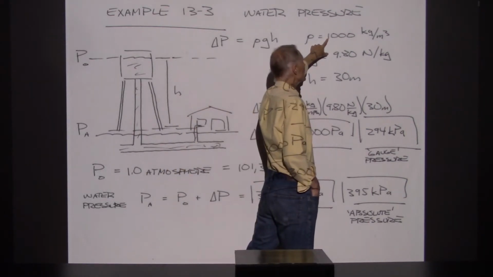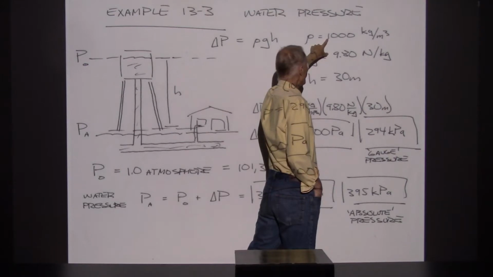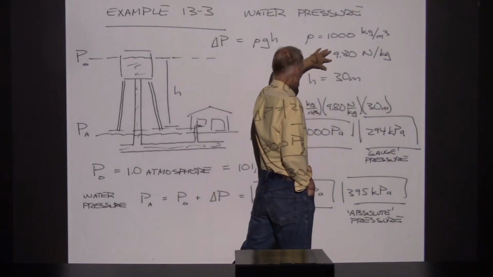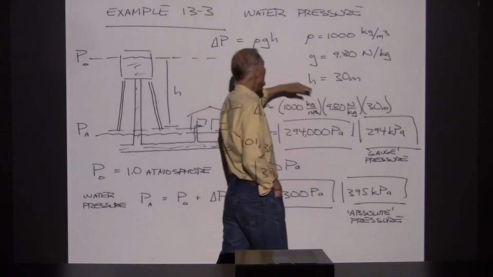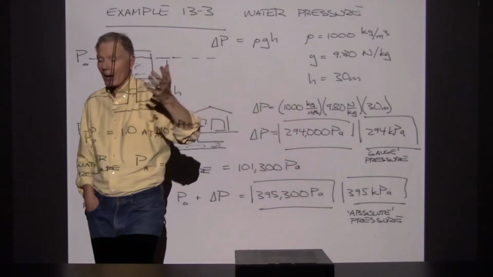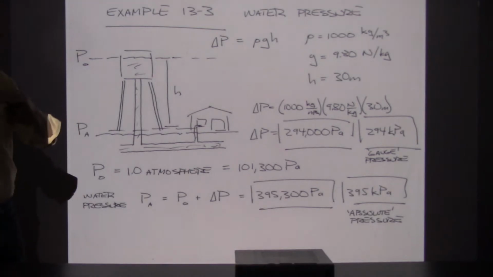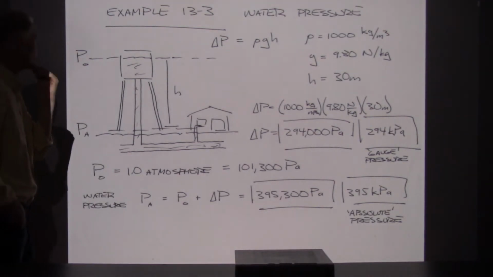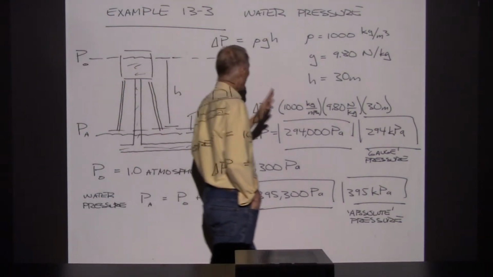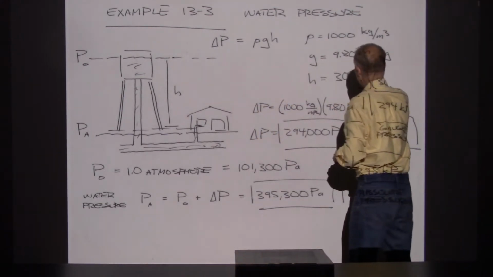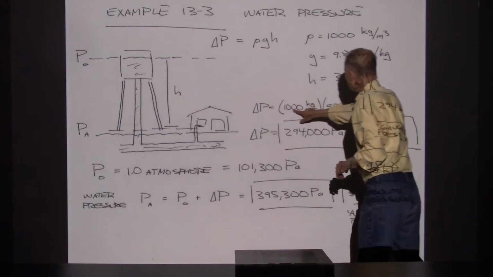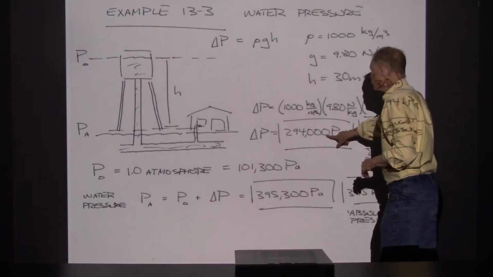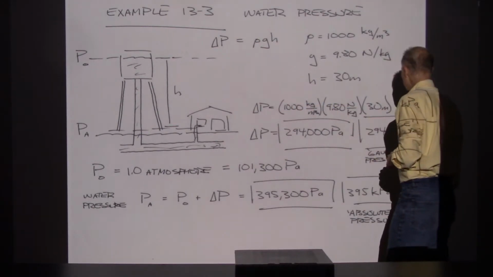The density of water is 1,000 kilograms per cubic meter. The gravitational field of Earth is 9.80 newtons per kilogram. And the depth, or the height, that we've dropped through the water is 30 meters. Dropping through water 30 meters is going to add on an additional pressure of 294,000 pascals.